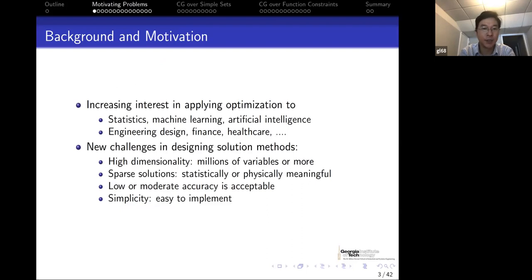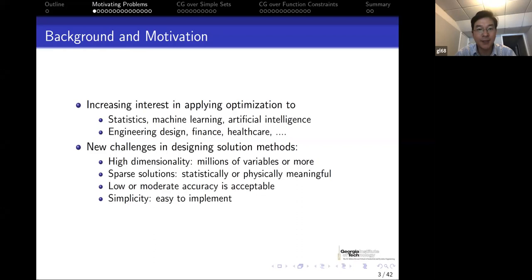I'll start with the background of our research. During the past 10 or 15 years or so, we have seen an increasing interest in applying optimization in many different areas, including statistics. I graduated about 10 to 11 years ago. At that time, we were very excited that continuous optimization can be used in solving many statistical problems.